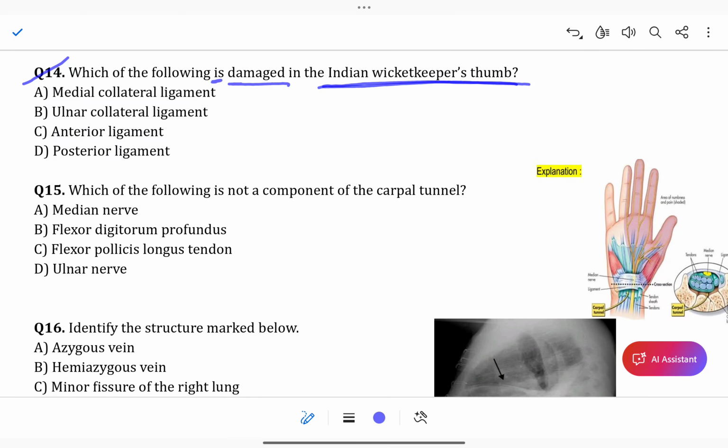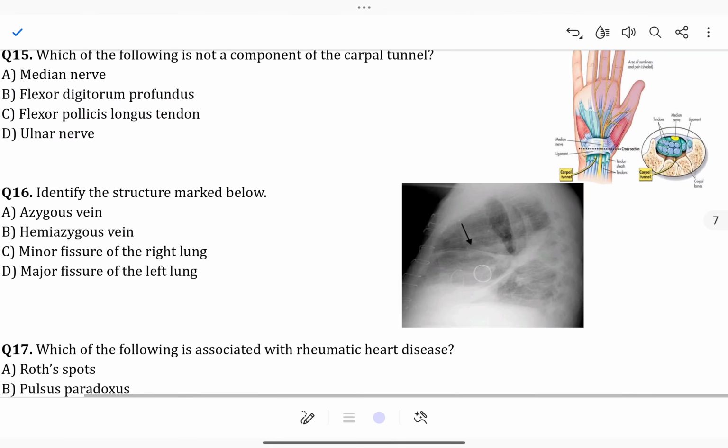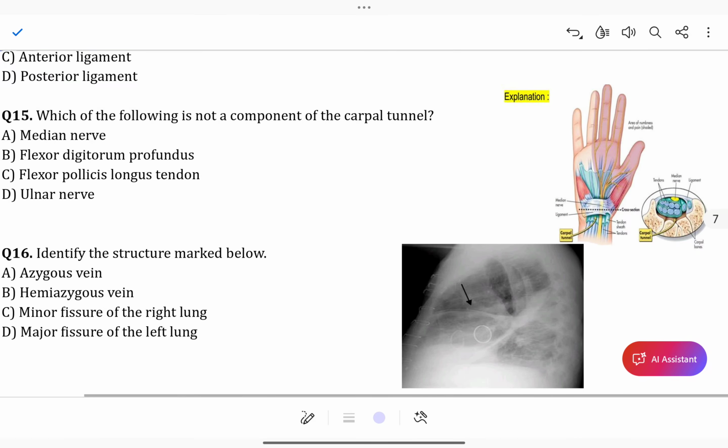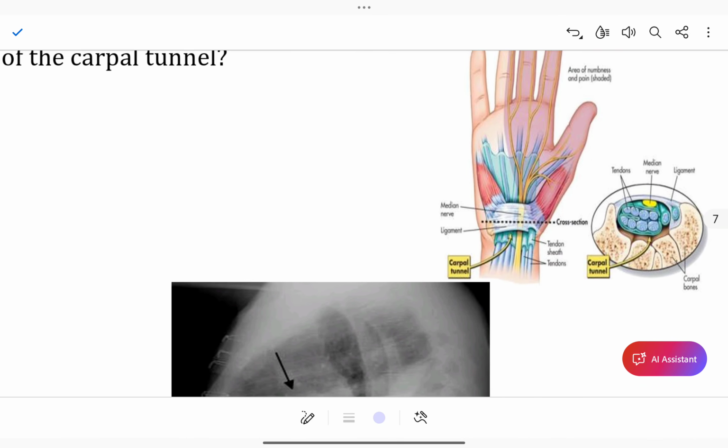Indian cricket players, whenever they play cricket, especially the wicket keepers, which injury generally happens? This is the ulnar collateral ligament. Ulnar collateral ligament in the wicket keeper. Okay, where?